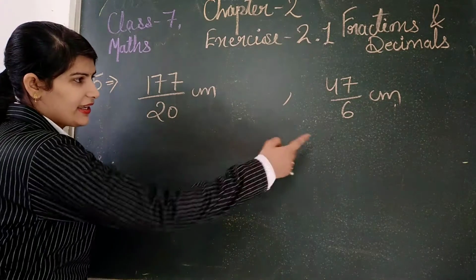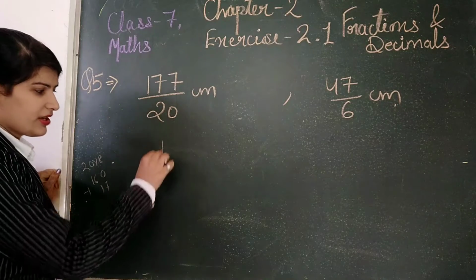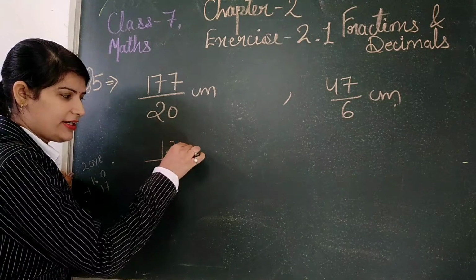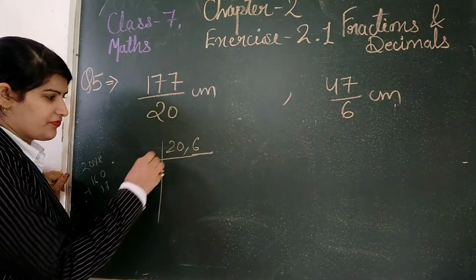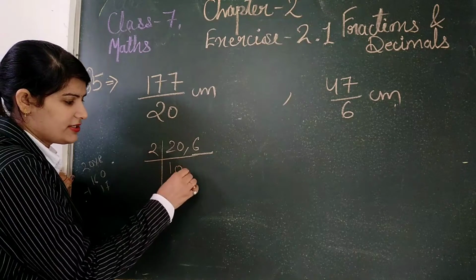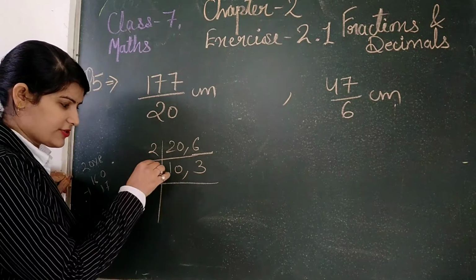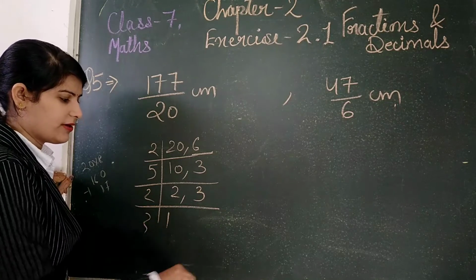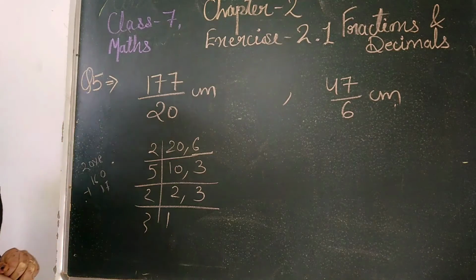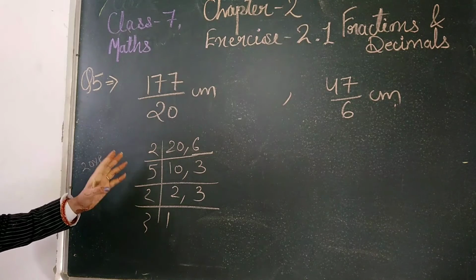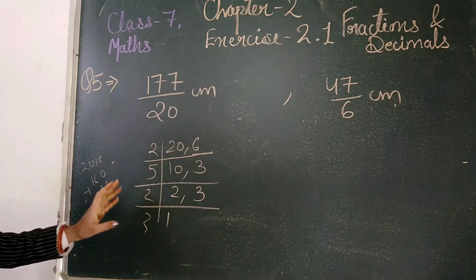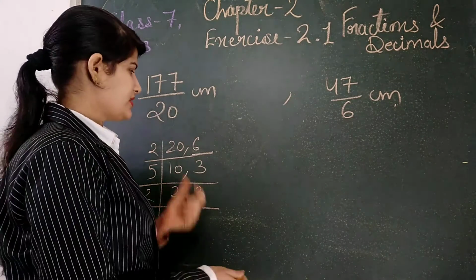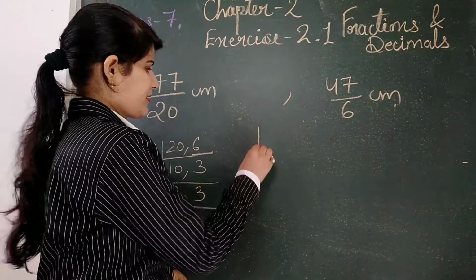Simple, by taking the LCM of the denominators, 20 and 6 first. Then 10, 3 like this. 5, 2, 3 and 2, 1, 3, 1. So what is the LCM? Simple, 5 2s are 10, 10 6s are 60. That means 60 is the LCM.